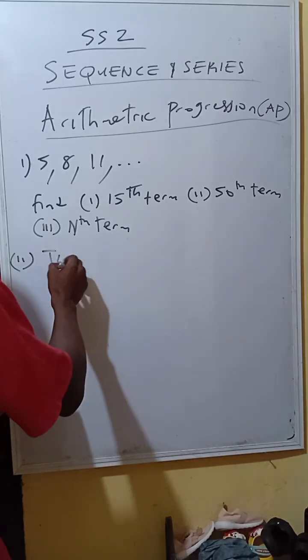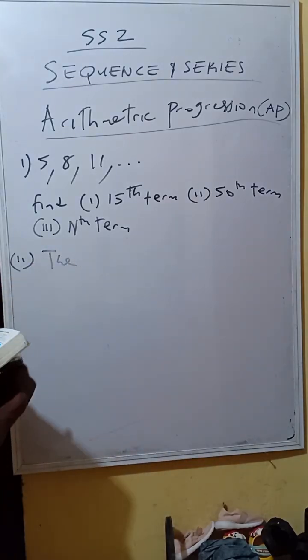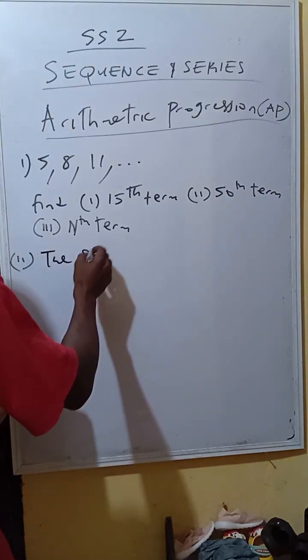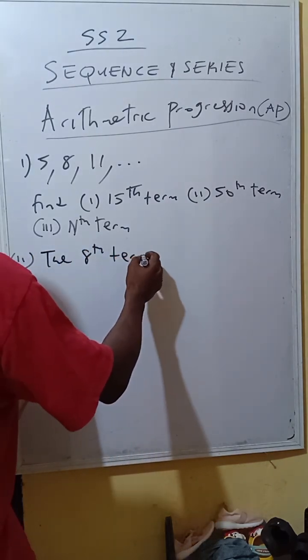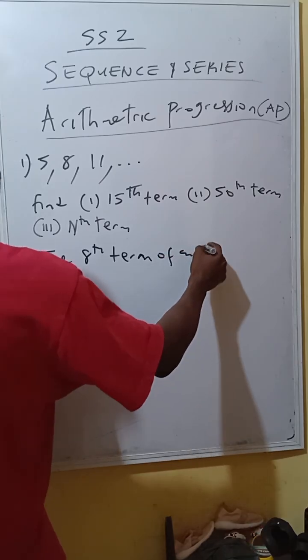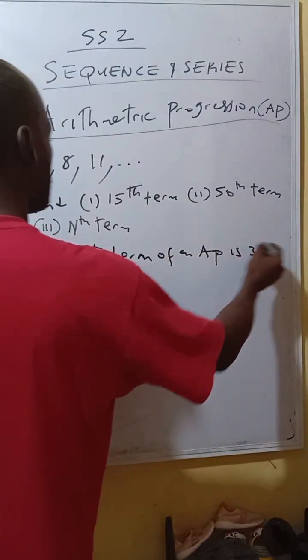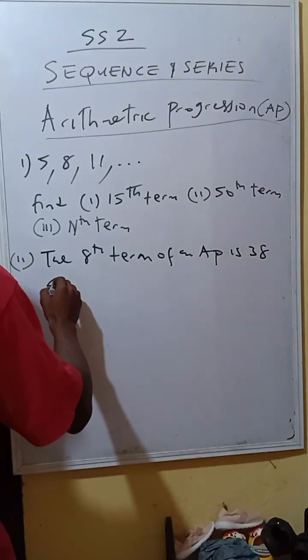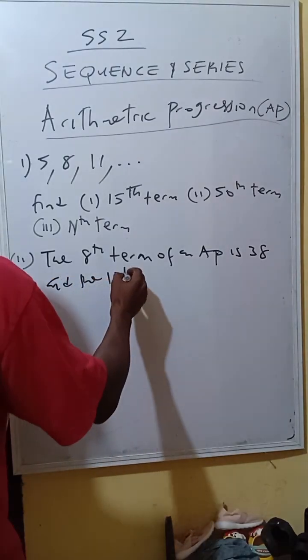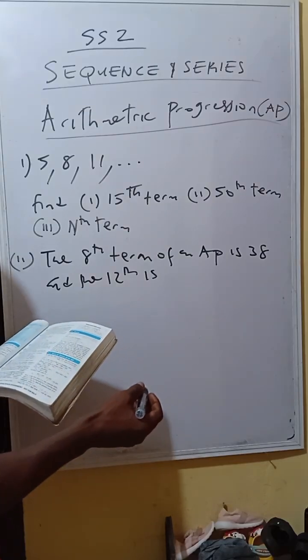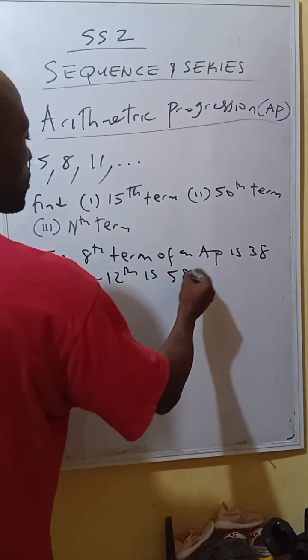So number 2. The 8th term of an AP is 38, and the 12th term is 58.